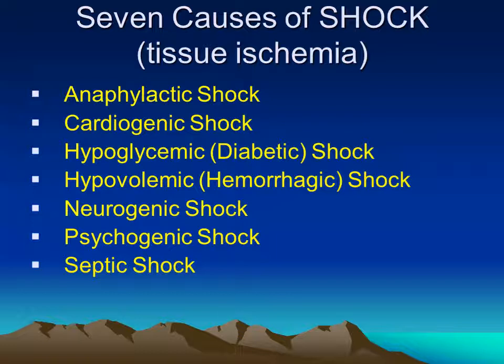Hypotension, and more severely shock, have 7 causes, and shock is defined as tissue ischemia. We have anaphylactic shock, cardiogenic shock, hypoglycemic or diabetic shock, hypovolemic or hemorrhagic shock, neurogenic shock, psychogenic shock, and finally, septic shock.